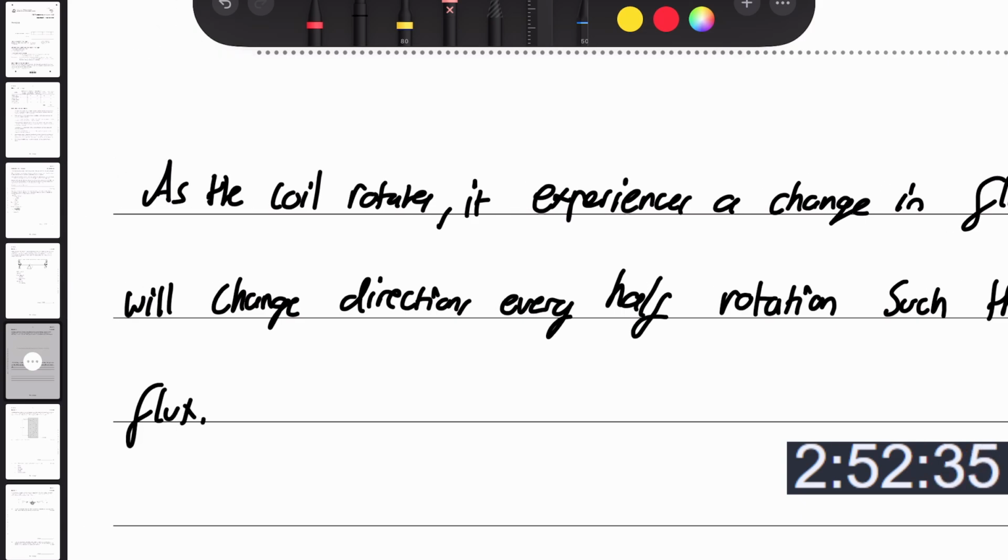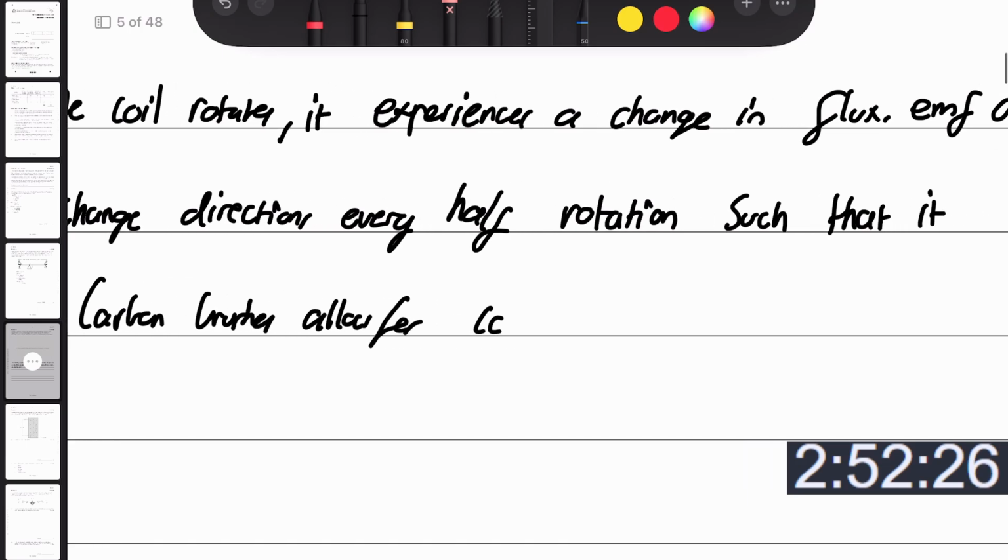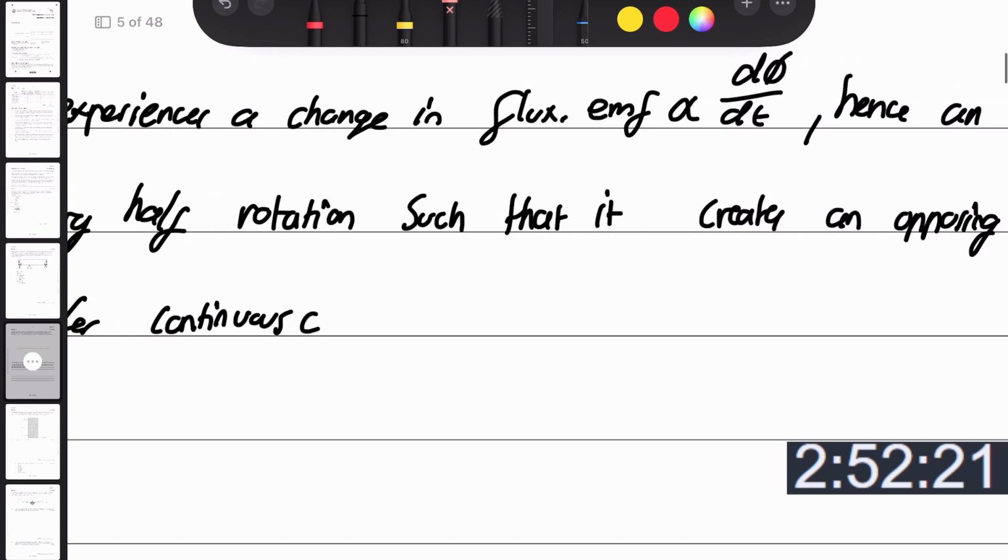Then carbon brushes allow for continuous contact to slip rings.